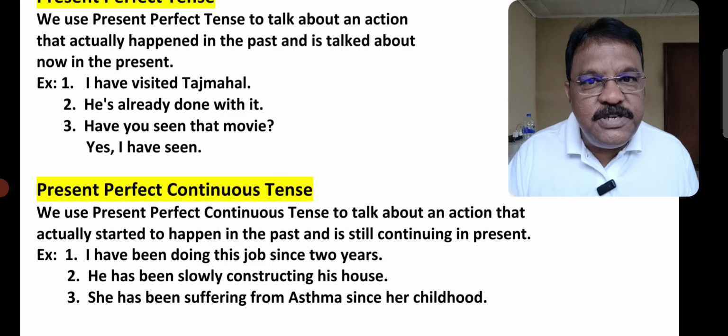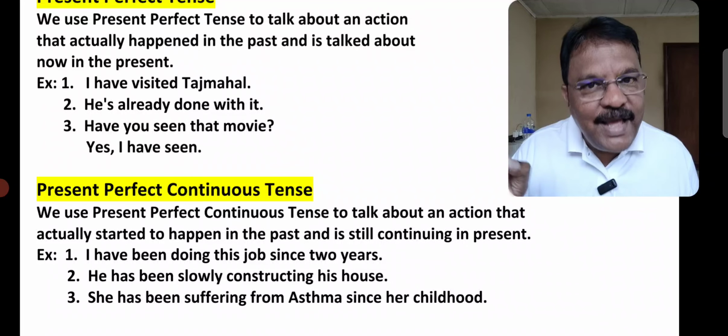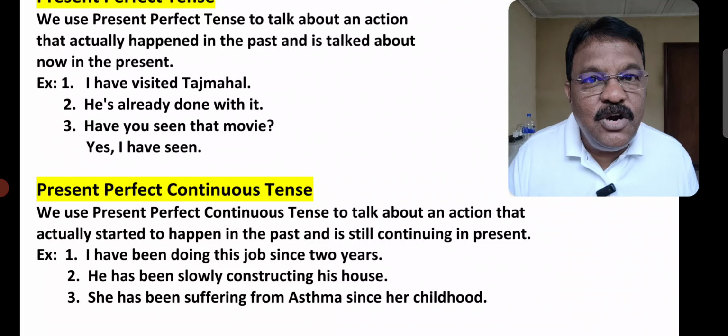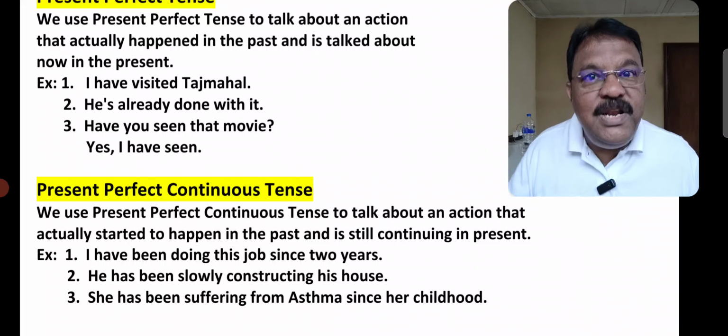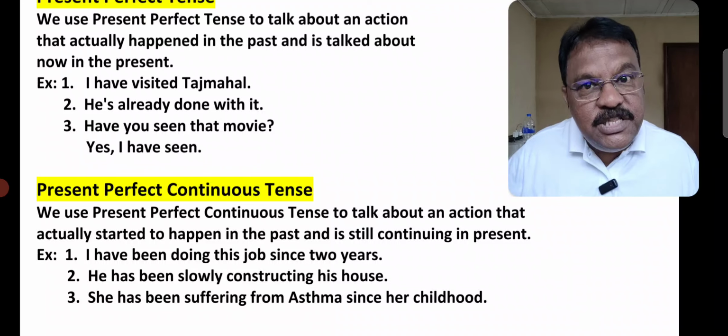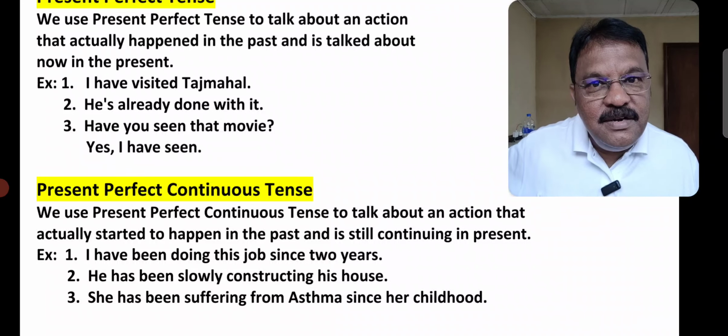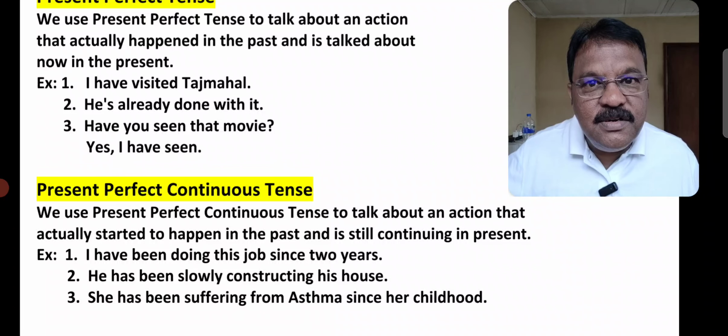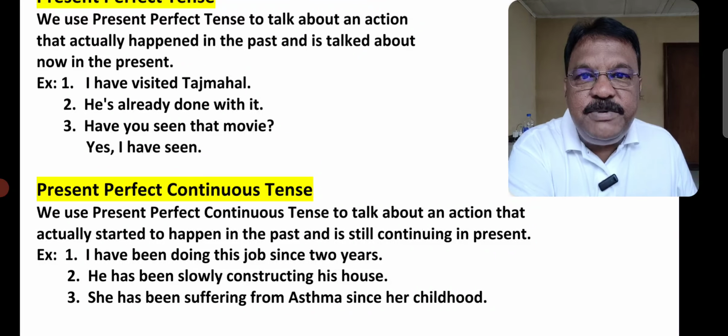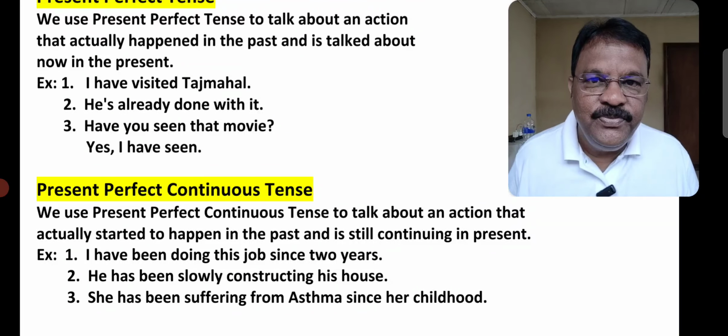We use present perfect continuous tense to talk about an activity or an action that actually started to happen in the past, but it's not yet over, it's still continuing in the present also. Got it? Very good. Look at our example.